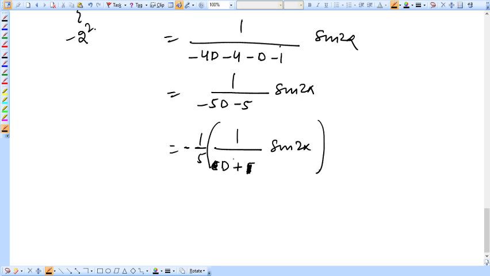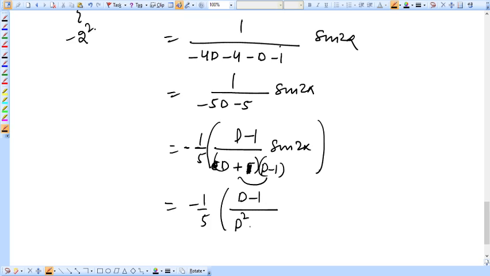Now in order to get a square here, we are going to multiply and divide with d minus 1. So in this way, minus 1 over 5, d minus 1 inside, and it would be getting squared. So we know it is equal to d square minus 1 sine 2x, right?